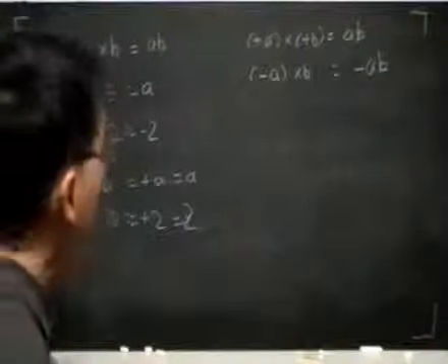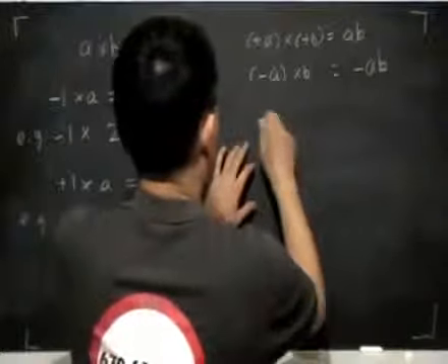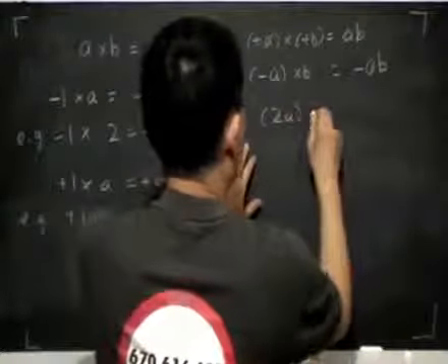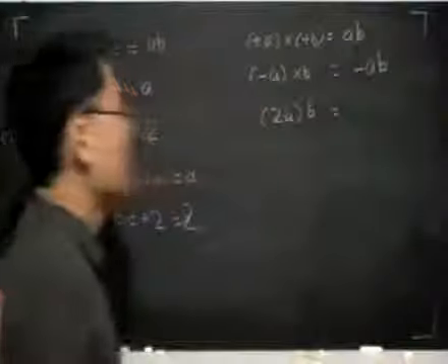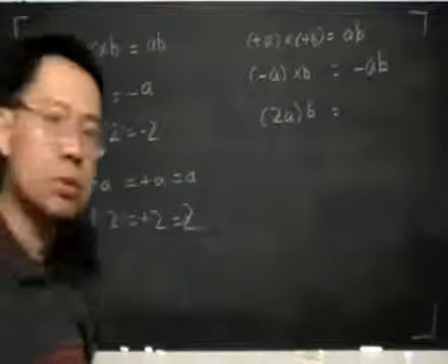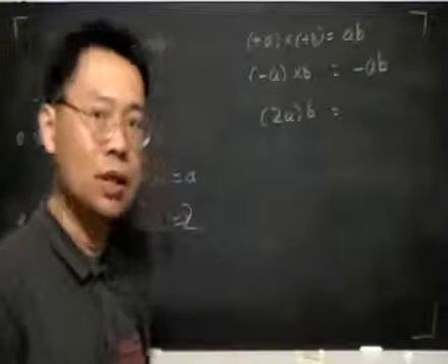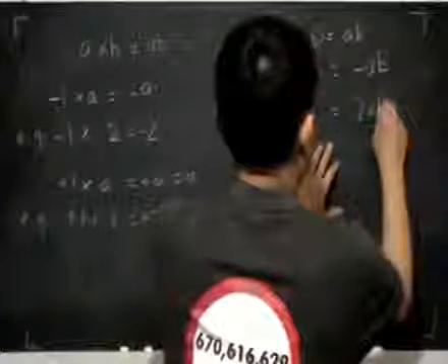If we have numbers, okay, let's try that. Let's say we have 2A times B. 2A is just 2 times A and then you times B. So I can just leave out the bracket and it really means the same thing.